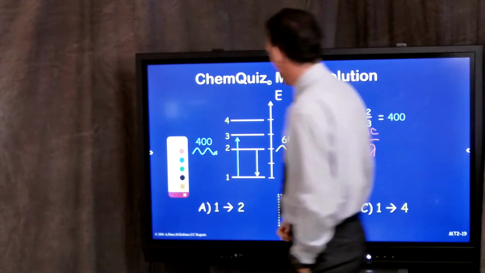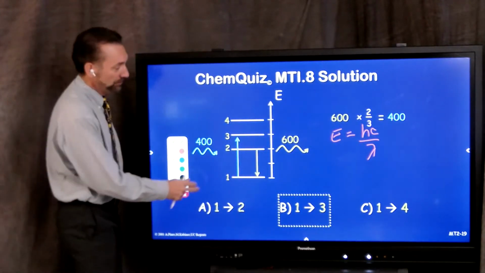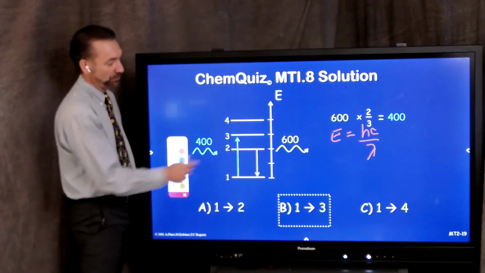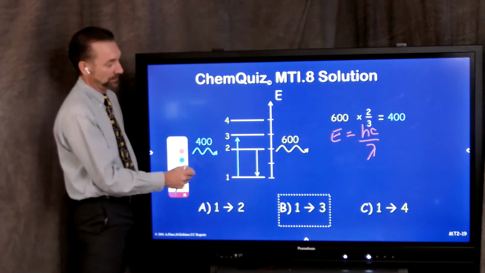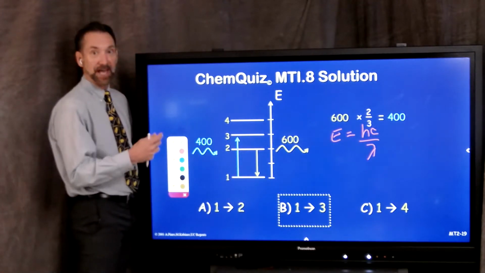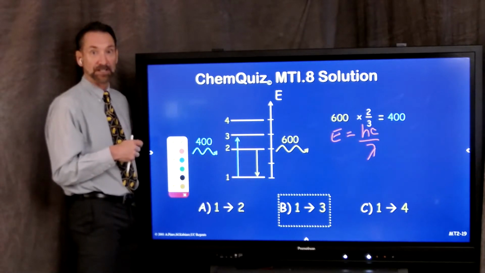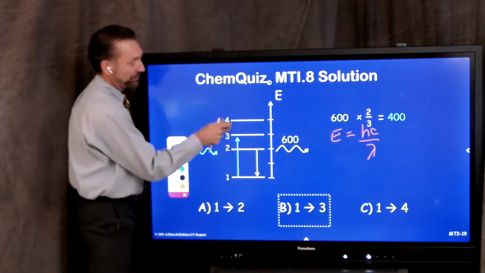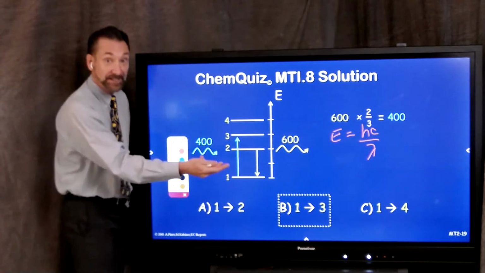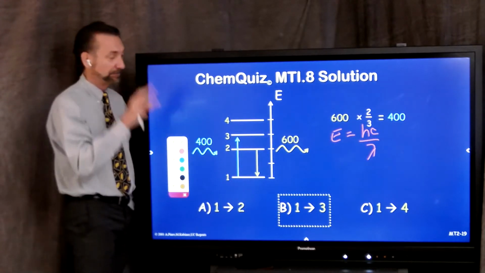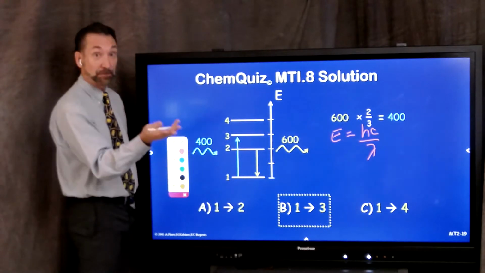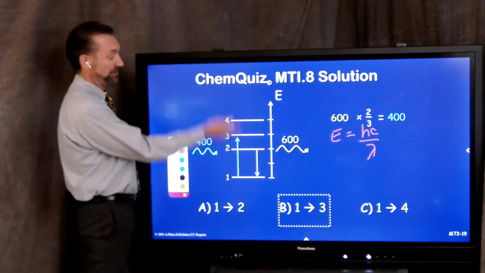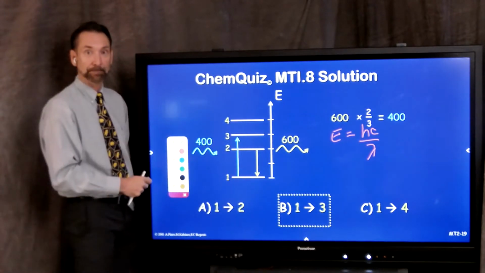So I have a 1 to 1.5 ratio here, the 3 to 2, and the 1 to 2 has that 3 to 2 ratio in energy. If 1 to 3 is 400, then 2 to 1 would fit 600. So we're predicting what's going on, and that's what you do in real spectroscopy. You see the lines that are being emitted, and you generate this spacing from them.